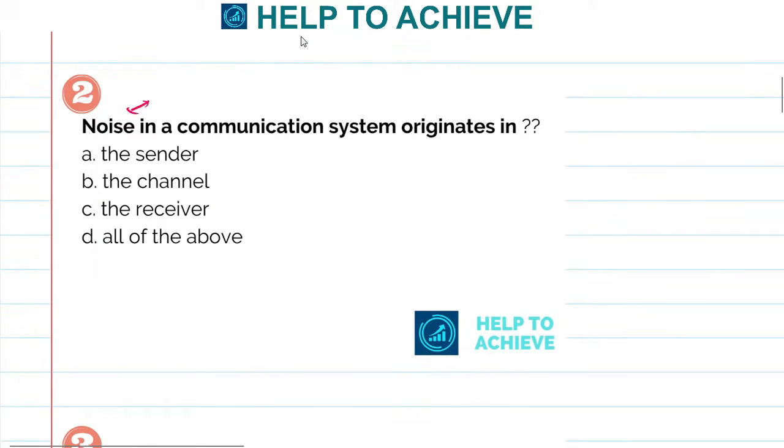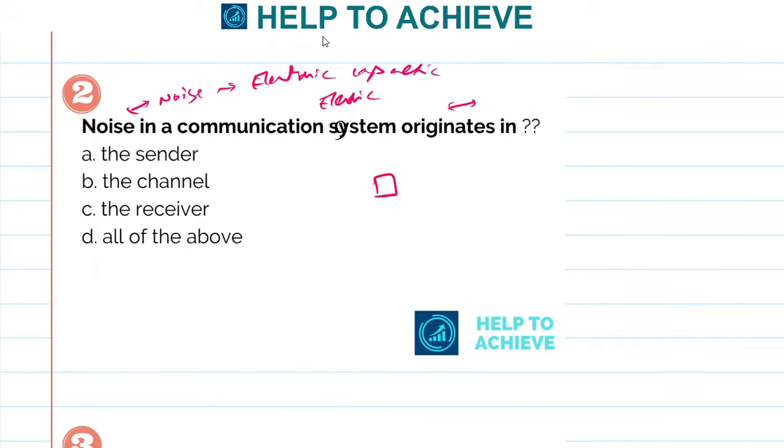Noise in a communication system originates in. Noise can be generated by even the electronic components that are inside the electronic system, and also it can be generated with electric spark and other things. So noise is generated at all the levels. We know from the process of communication that a sender will be there, a channel will be used to transmit the message, and the receiver will be there.